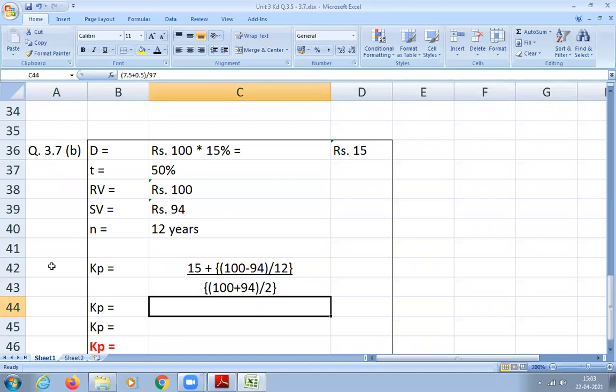That is 15 plus 0.5, which is 6 by 12, 0.5. So divided by how much? 97. So please calculate.